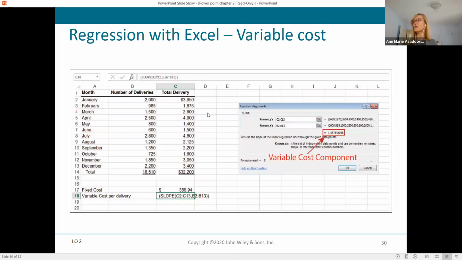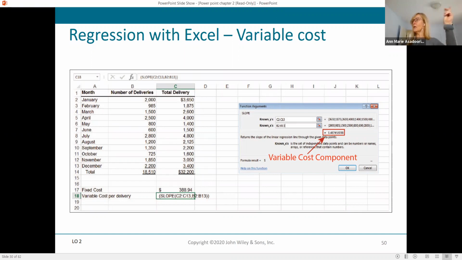So we're going to have the best fit, but we're going to be able to do this using Excel. Excel is so easy to use, or you can use a graphing calculator as well. You're trying to get that linear equation, right? Same data. So here's the cost. Remember, this is your rise, this is your y-axis, this is your cost. If you want the variable cost per unit, or the slope, all you have to do on the left top is go and pick slope.